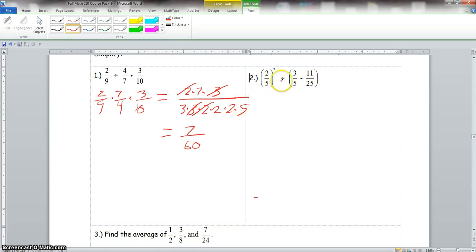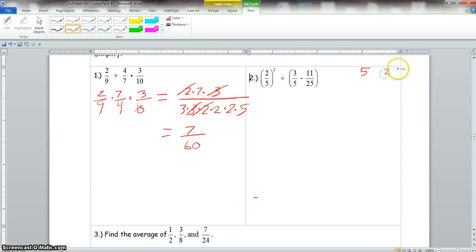Now we come here to number 2. We look here at this parenthesis. There's nothing we can do on the inside of the parentheses, so we leave that as is. Now we go to the next parenthesis. We add 3/5 minus 11 over 25. We can find the common denominator here.